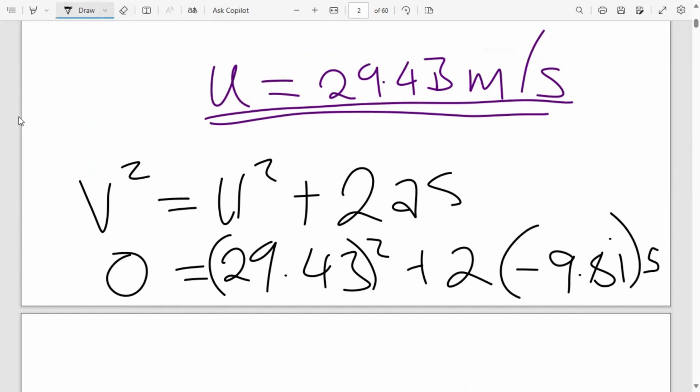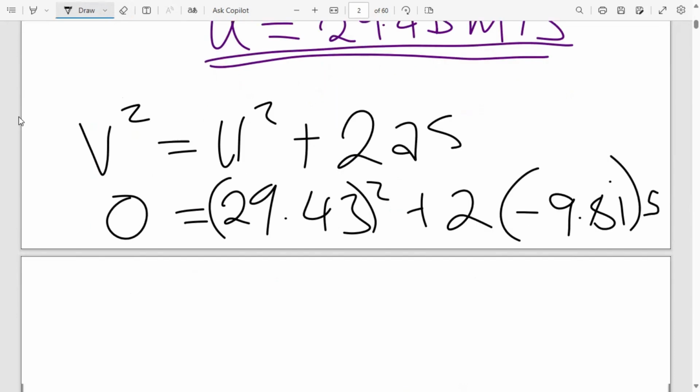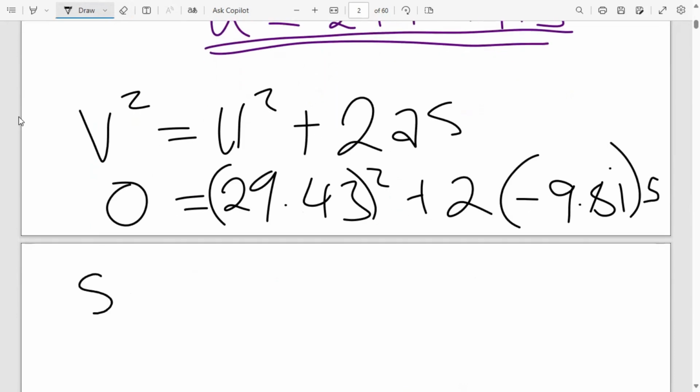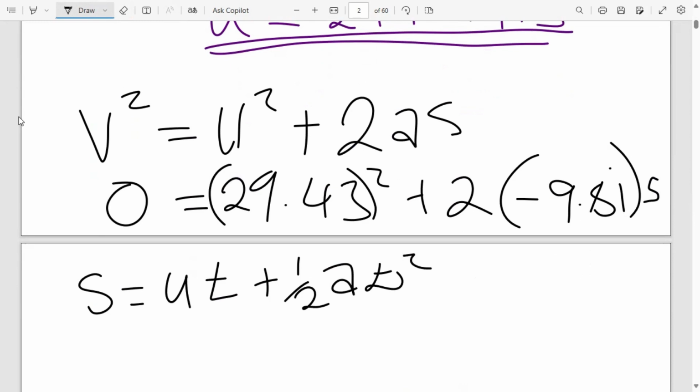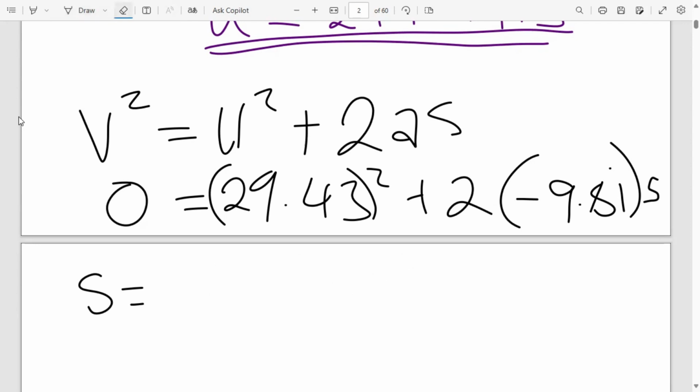So you can use both formulas here. Since we also have time, it's okay if you use s is equal to ut plus half a t squared. Since we know the time it takes this object to reach the maximum height is 3 seconds, we can just plug in the time there and we are going to get the correct answer. But since in this case we've chosen that one, let's continue with this one.